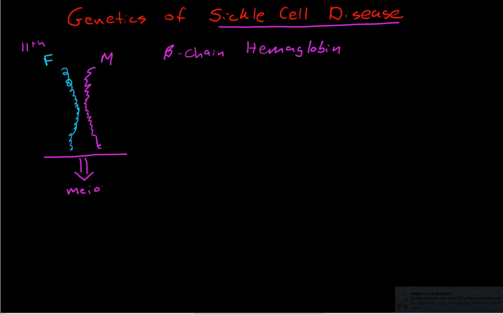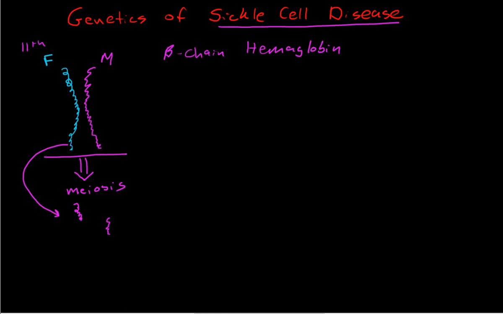During the process of meiosis, all the chromosomes get mixed up. The 11th chromosome ends up being chopped into bits and then reformulated, so it becomes looking like this. So we're going to see how little bits get mixed together here.